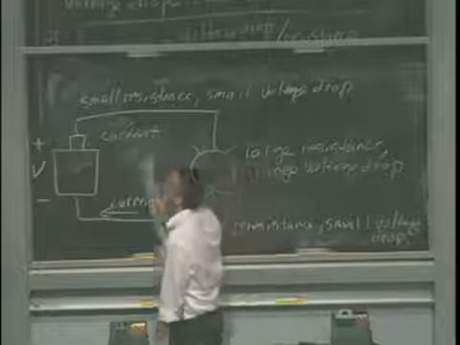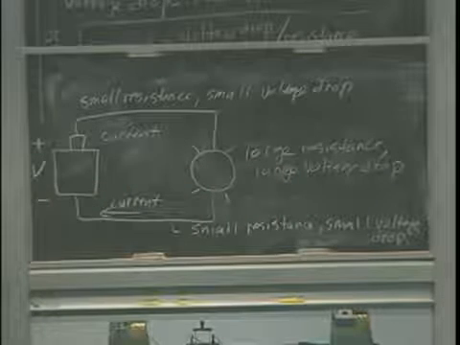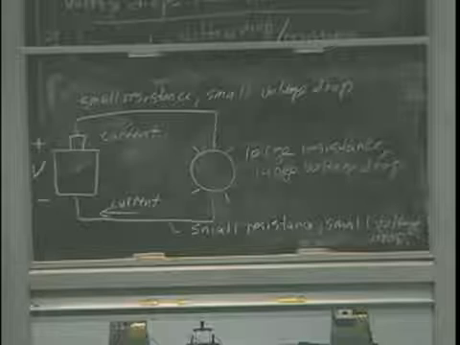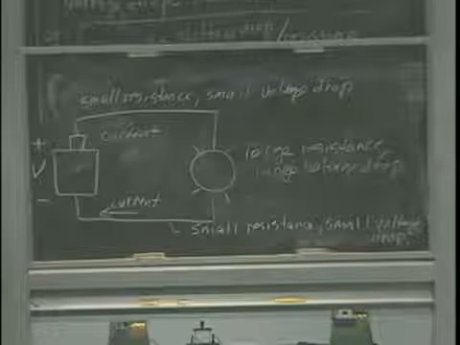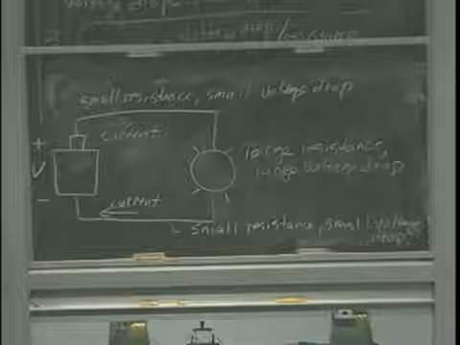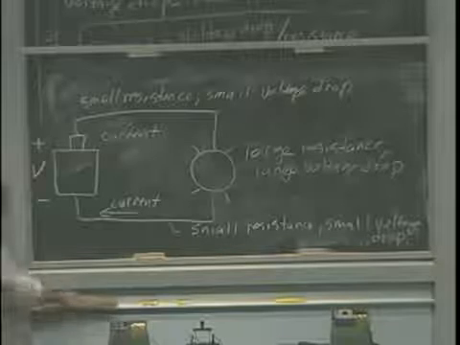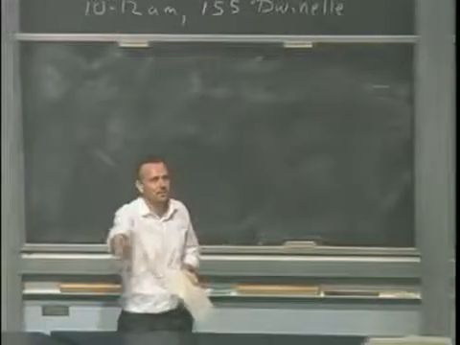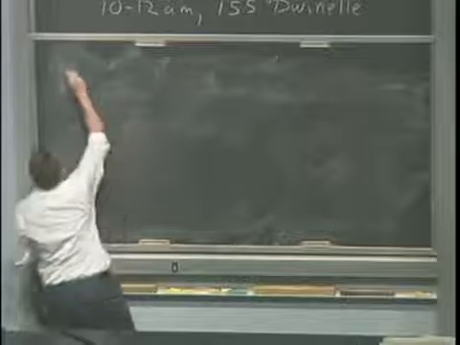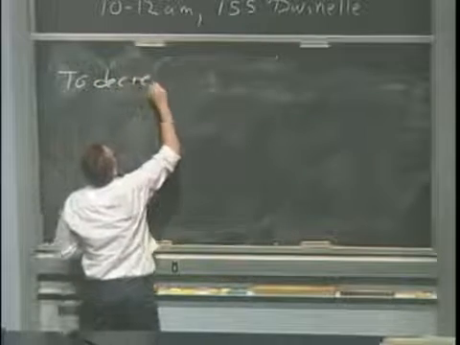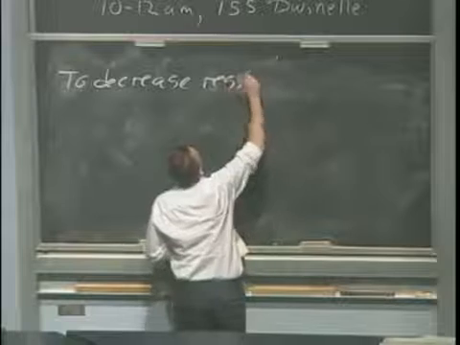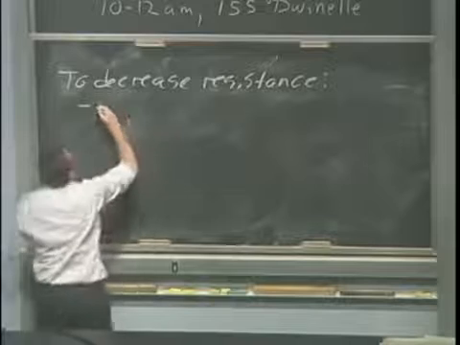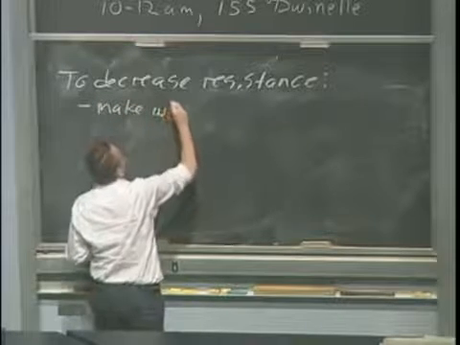The first one is to just make them really fat. The bigger the wires are around, the less resistance they're going to offer. There are more paths for the charge to travel through. So to decrease the resistance, we can make the wires thicker.